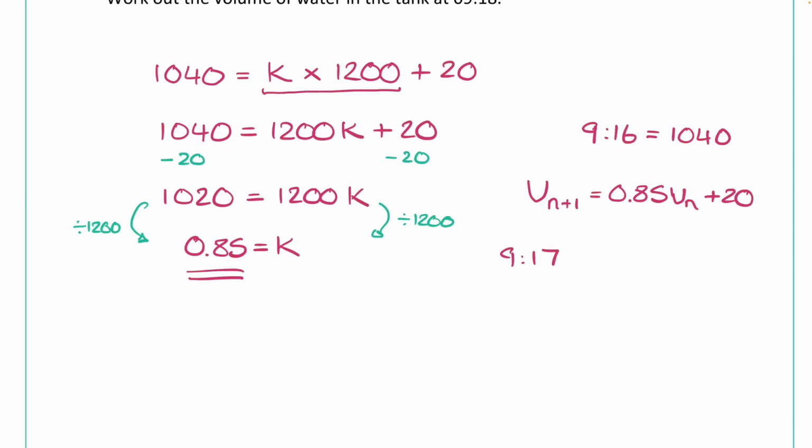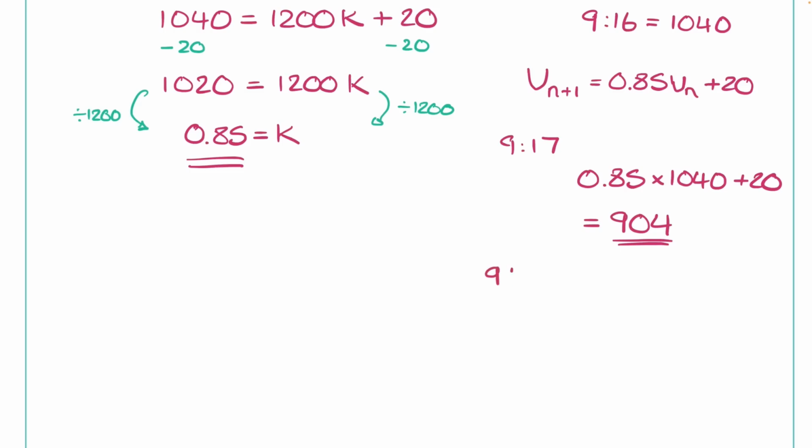To get 9:17, we do 0.85 multiplied by 1,040 and then add 20. We could type that in the calculator, and that gets us 904. That's now our current solution.